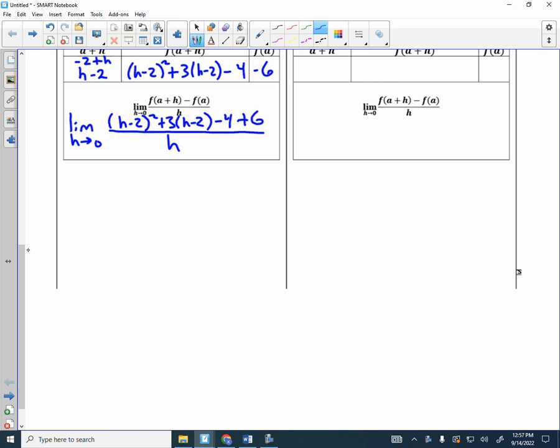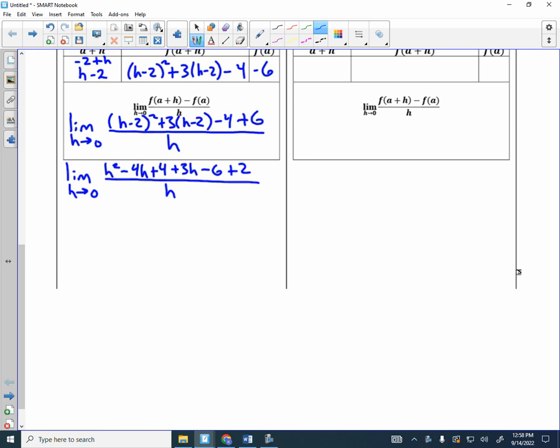So this is the space I intended for you to work the limit as h goes to 0 of h minus 2 quantity squared. Help me out. H squared minus 4h plus 4 plus 3h minus 6 plus 6 all over h.